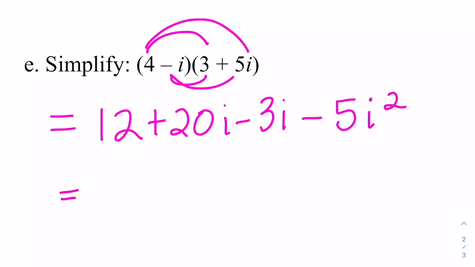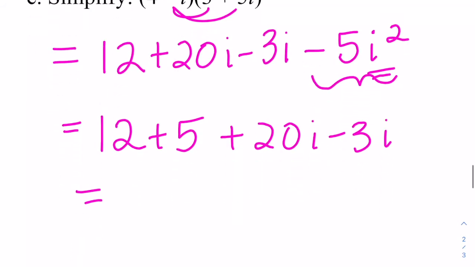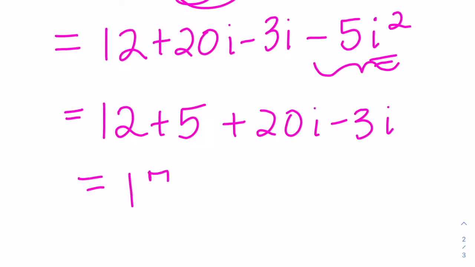Remember that in -5i squared, the i squared changes into -1. So it'll be 12, and this will turn into +5, and then I'll have the 20i minus 3i. So in standard form, we'll get 17 plus 17i.